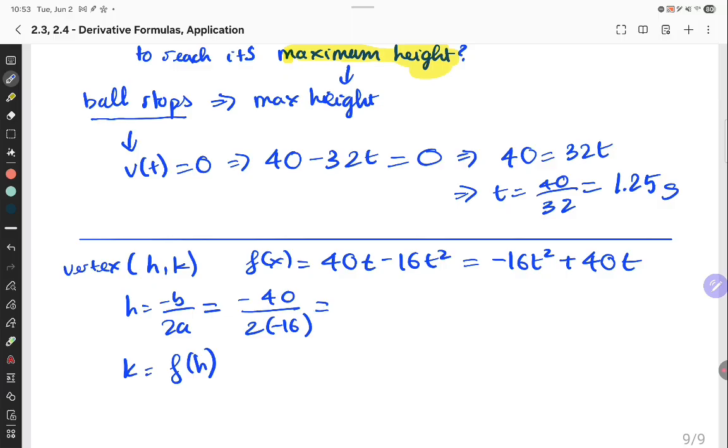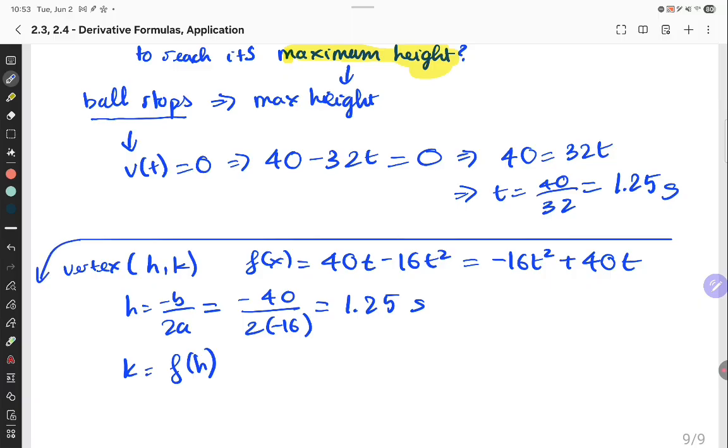Negative 40 divided by 2 times negative 16, which is negative 32. Negative over negative. There. 1.25 seconds. There you go. Very good. This is a pre-calculus technique that still applies here.